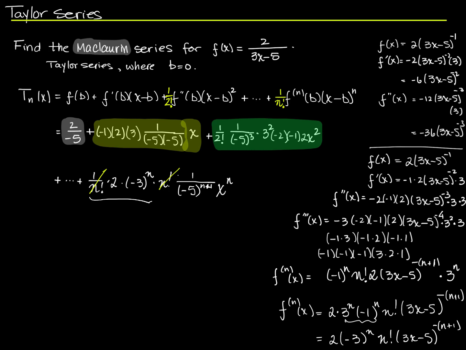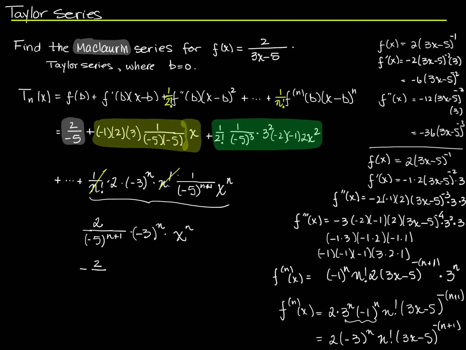This nth term, anyway, is 2 over negative 5 to the power of n plus 1 times negative 3 to the power of n times x to the power of n. Well, everything's to the power of n except for this. So I can deal with that because I want to tidy this up as much as possible by pulling out one copy of that negative 5.